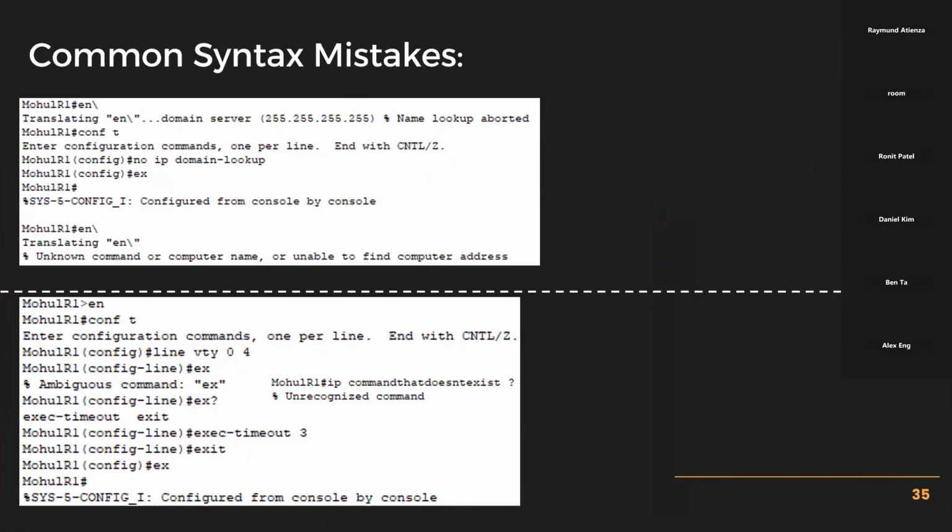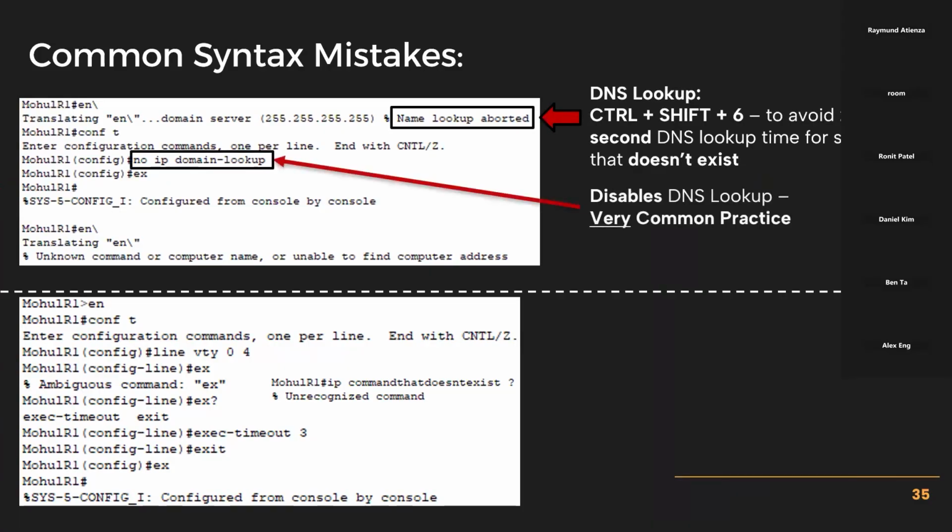And then I'll just go into the syntax errors you commonly make. A super common one is, imagine you messed up a command and you just added a slash or something. Like I was trying to do enable and then I did enable slash. It naturally thinks you're looking for a host name, whatever you typed. So with en slash, it thinks that doesn't exist, but it spends 20 to 30 seconds trying to find it, like, what DNS server is en slash?